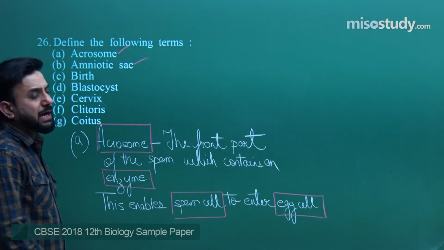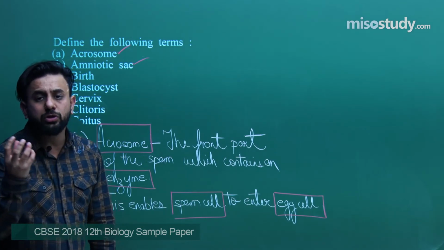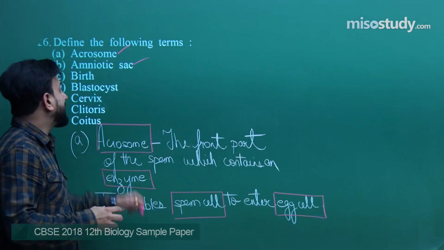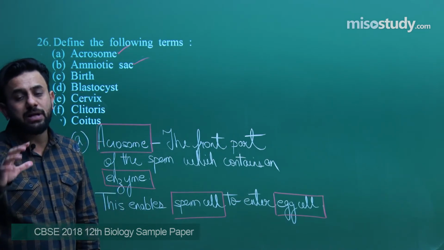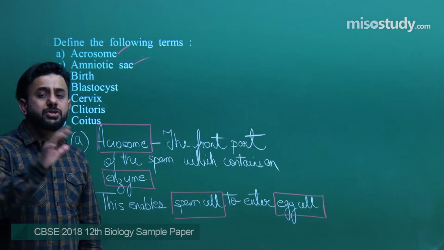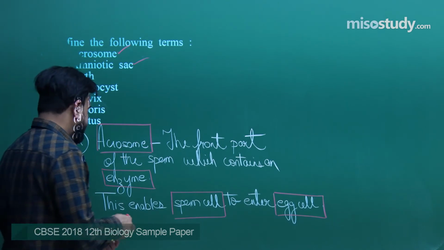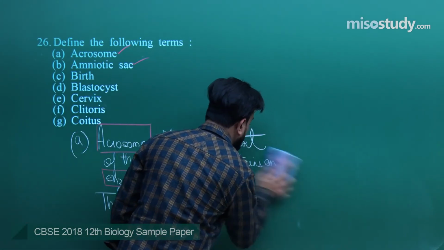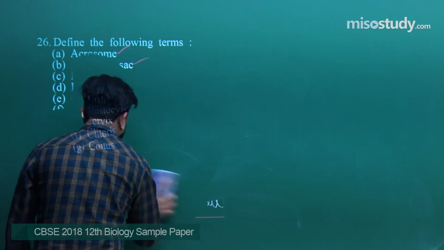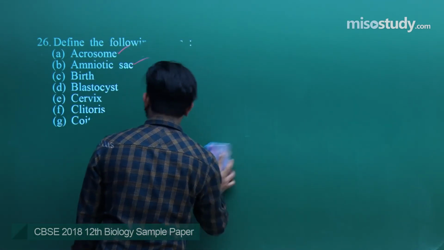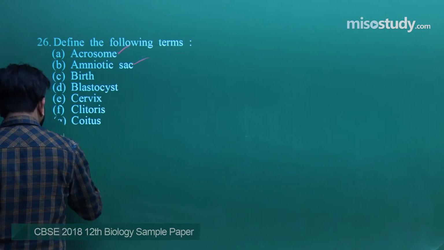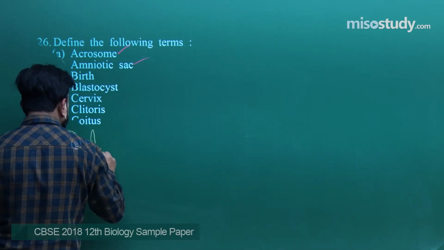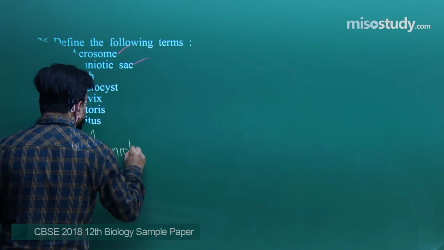The amniotic sac is a sac all around the embryo, which is protecting the embryo, acting like a cushion, so that it is protected from jerks and so many things. We can write this as the second point, amniotic sac.